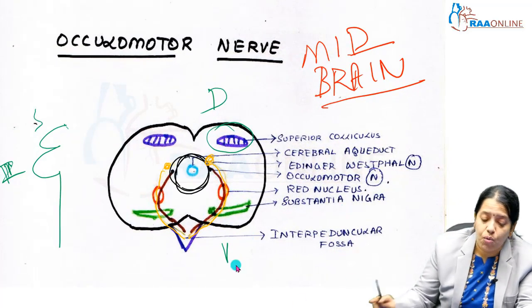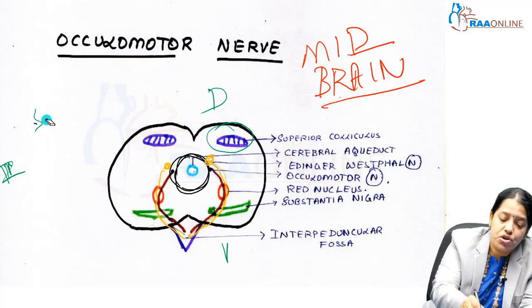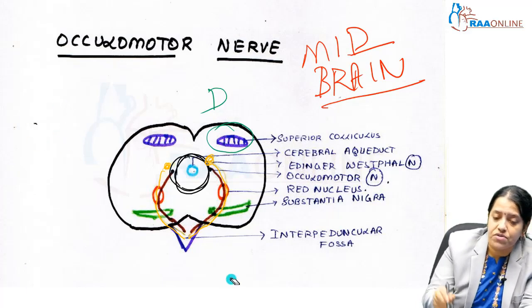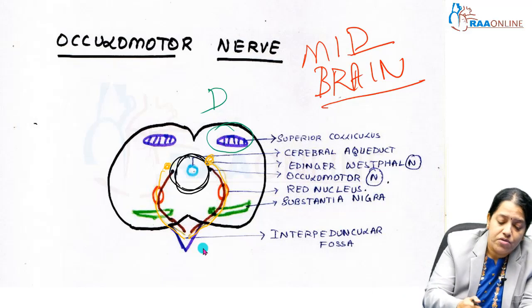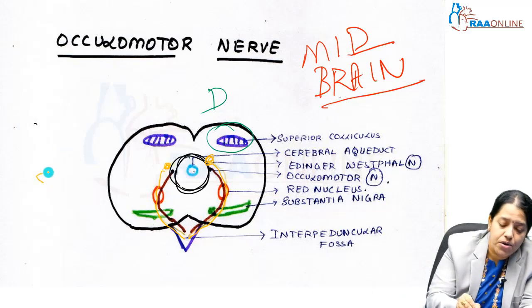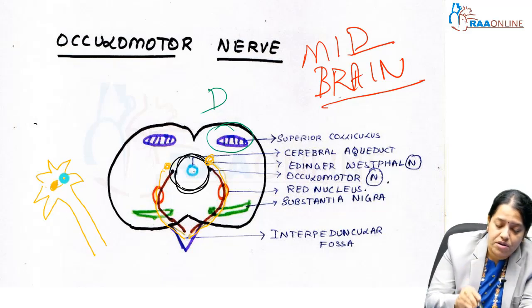Now, to explain what a nuclei is: a collection of neurons in the central nervous system is called a nuclei. So if this is a typical neuron, a multipolar neuron, then you have the cell body, the nucleus here. This is the axon.